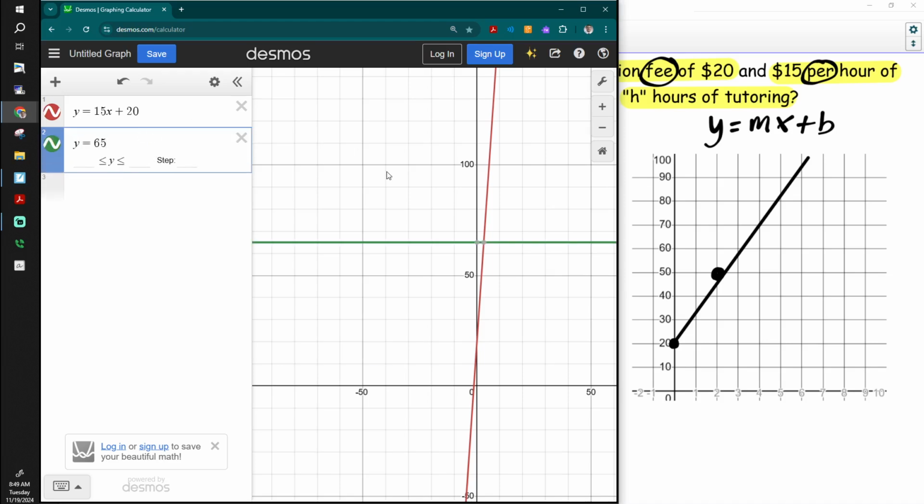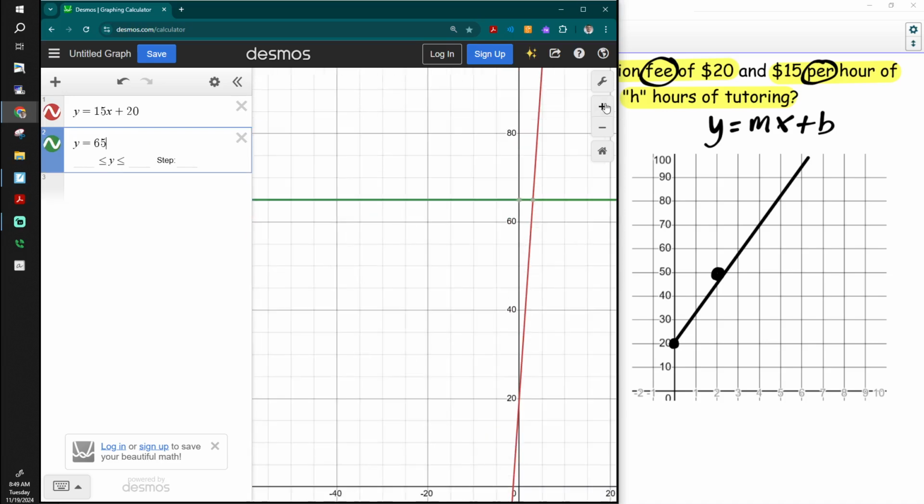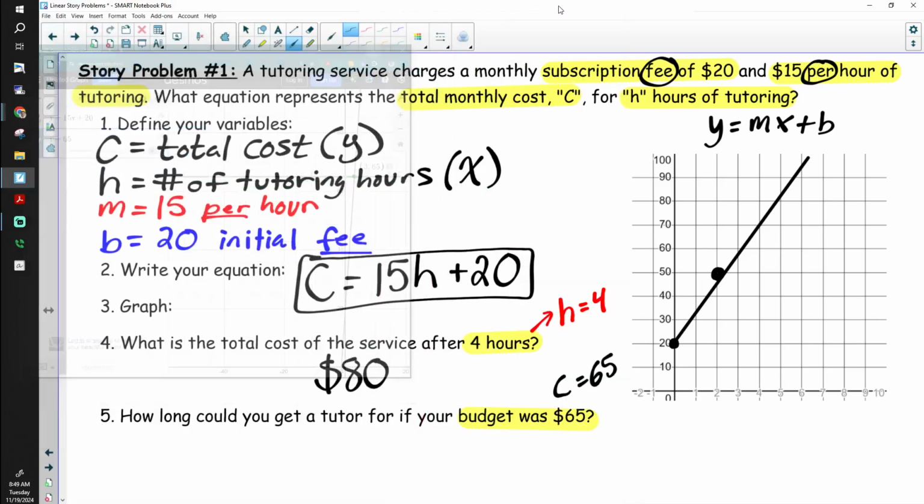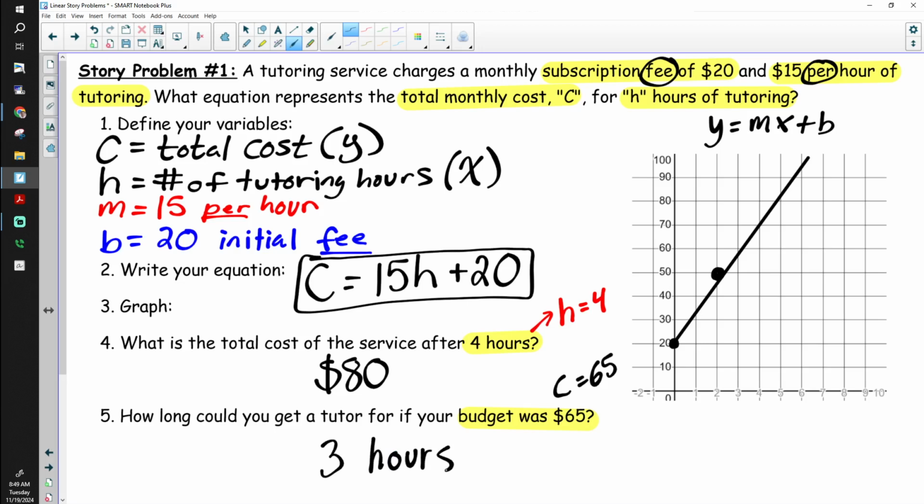Y equals 65. And again, I'm looking for where does my new line and my red graph cross? Right here. If I have $65, how many hours of tutoring can I get? 3 hours of tutoring. And you can always check, if you plugged in 3 for H, 15 times 3 plus 20 is 65. So that's perfect. Boom.